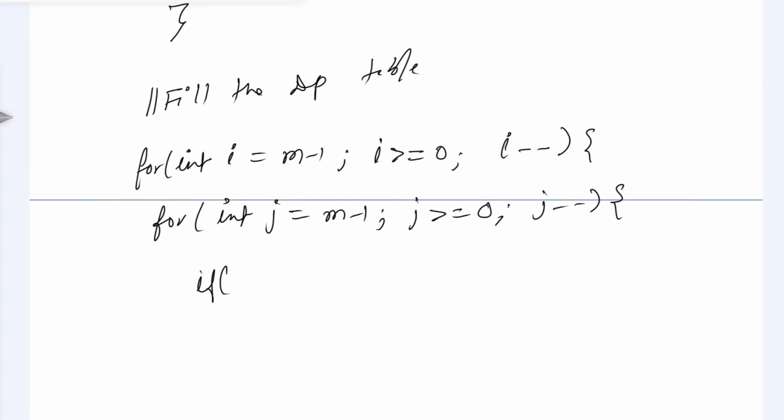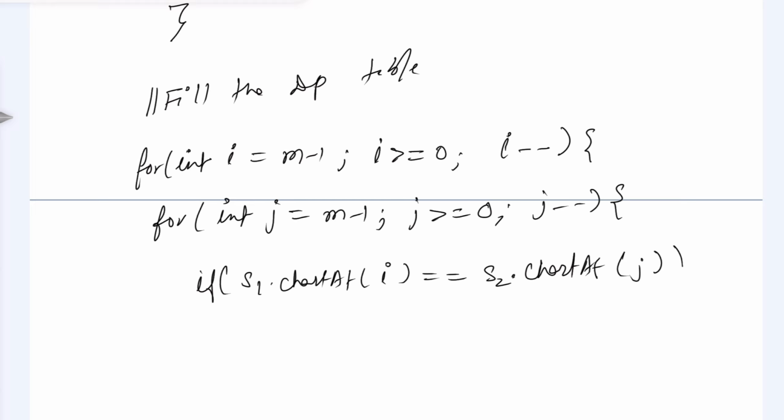So let's compare: what is s1 dot char at i, if it is equal to s2 dot char at j, it means both are same.